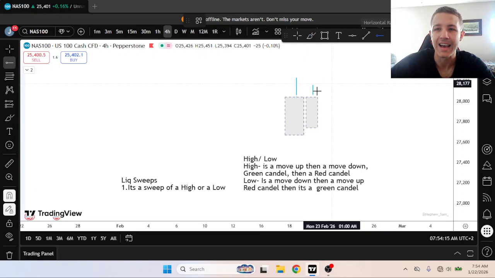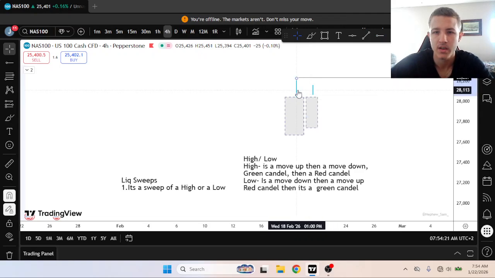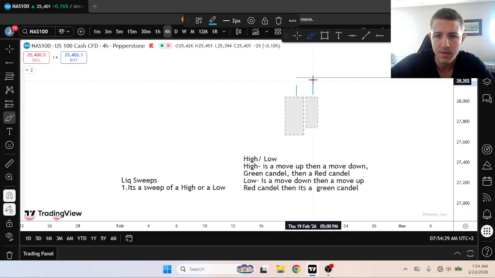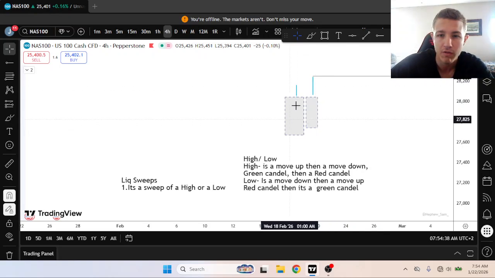So you take the highest point of that wick, that's the high. Let's say this one was like this and this one was like this, meaning this is the highest point. I know it's the red candle, but it is still the highest point, so that's the high.